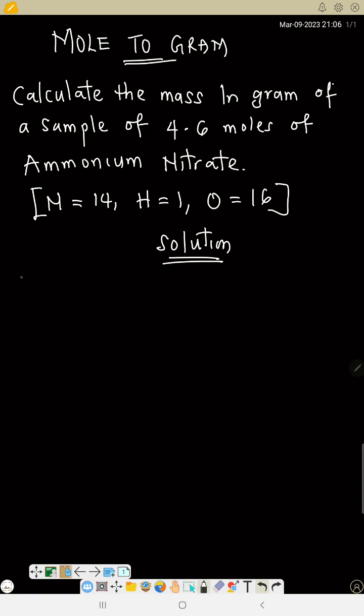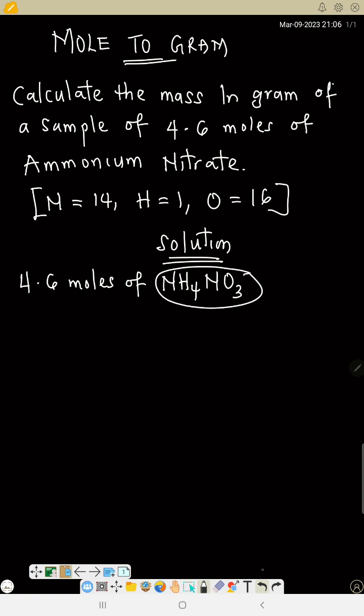So let's write it out now. So in the question we have 4.6 moles of ammonium nitrate. So what is now the relative molecular mass of ammonium nitrate, since we want to find it in gram? Remember, we are going from mole to gram.